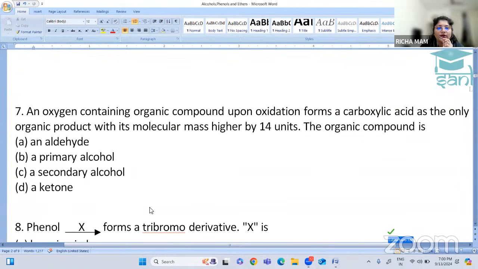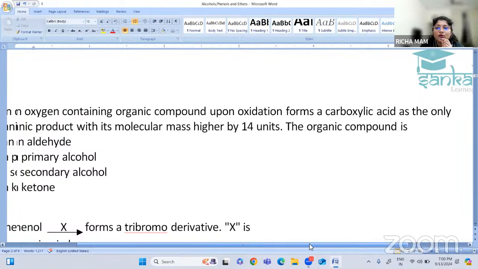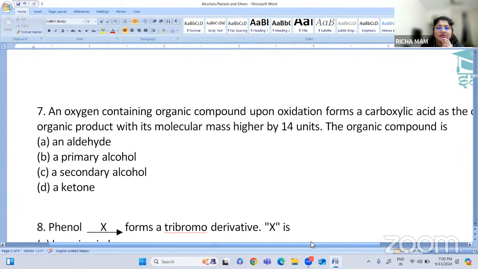An oxygen containing organic compound upon oxidation forms a carboxylic acid as the only organic compound, with its molecular mass higher by 14 units.